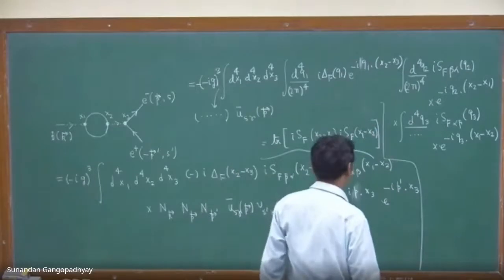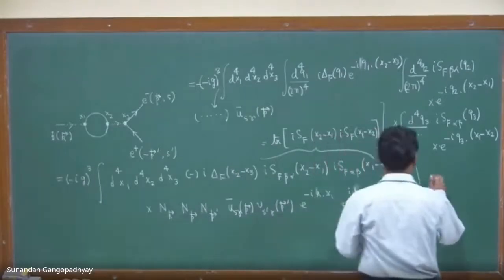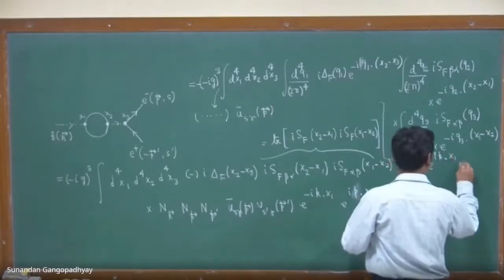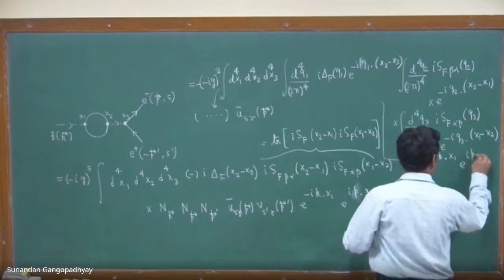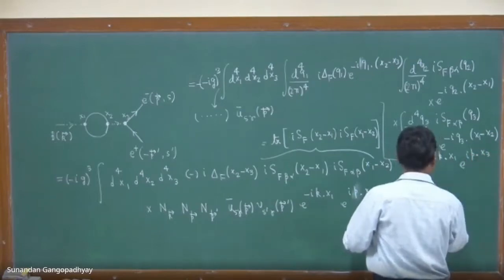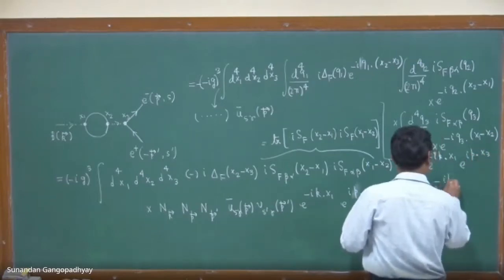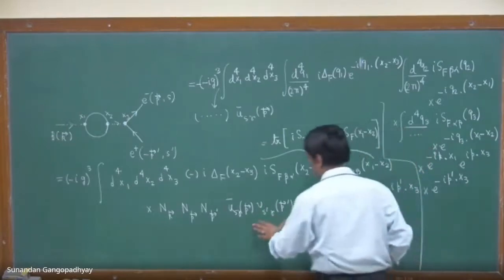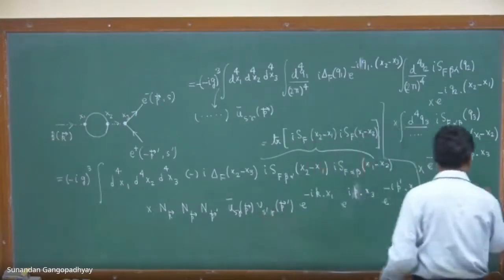After that, let me write down these factors. Power minus i k dot x1, or i p dot x, times minus i. Once you finish this full thing, writing this full thing up, you can write these factors.